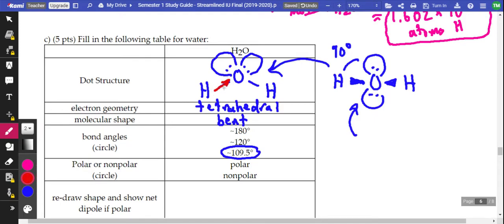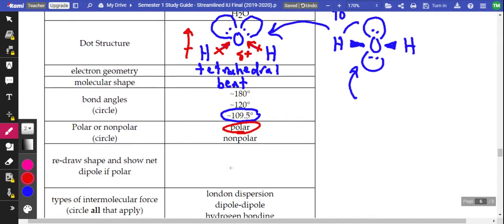We have the electron density pulled up towards the oxygen. The electron cloud is pulled more towards the more electronegative oxygen atom. So this ends up being more partially negative up here and more partially positive down by the hydrogen atoms. Okay, so overall we have a net dipole going up this way. Okay, so this is going to be a polar molecule.